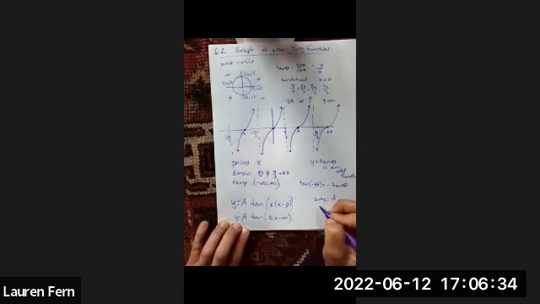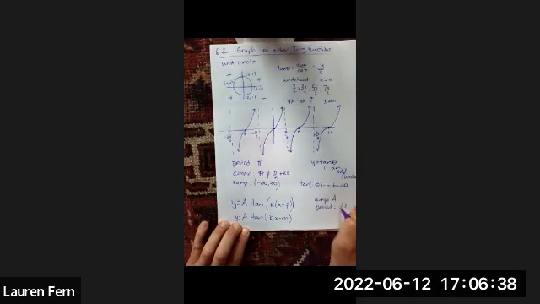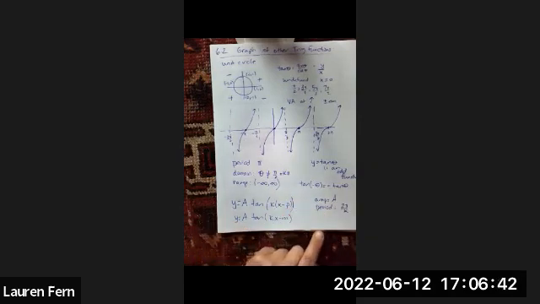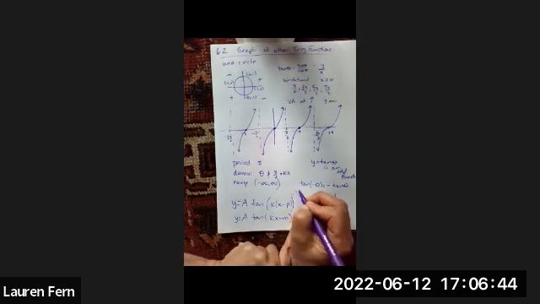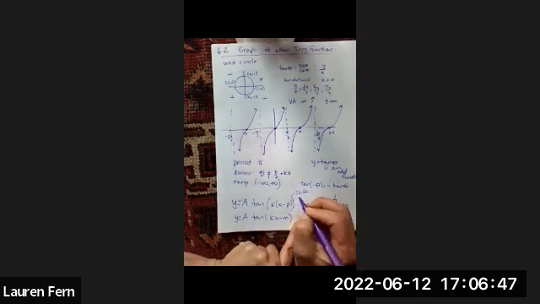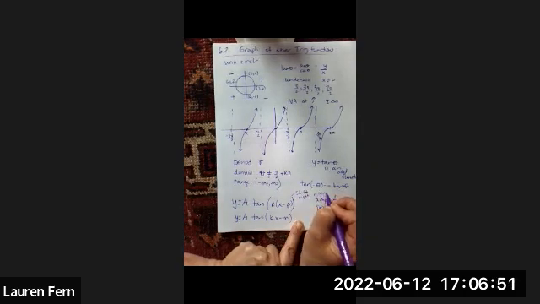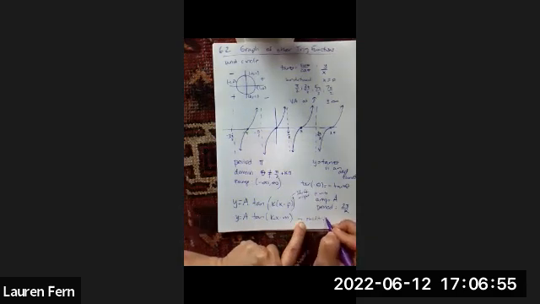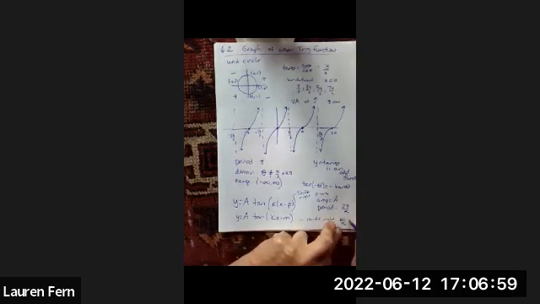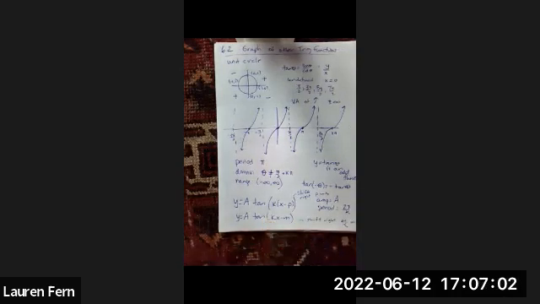My amplitude is A. Now my period is 2 pi over this value. And right here, I would shift it right p units. And here I would shift it right m over k units. Again, because here it's not factored out.